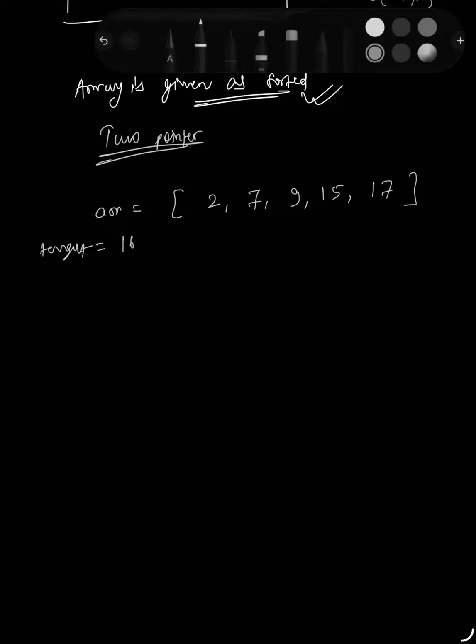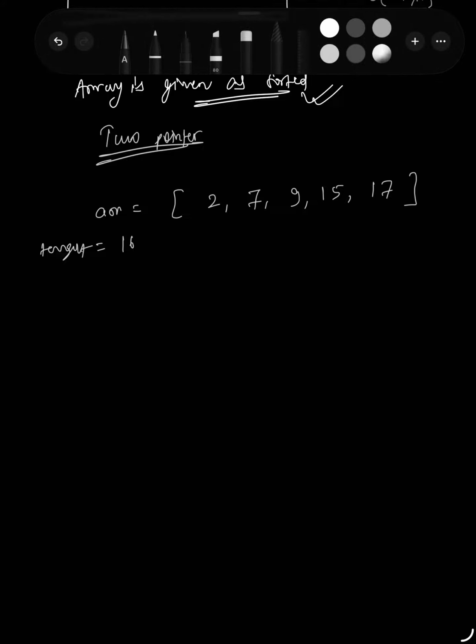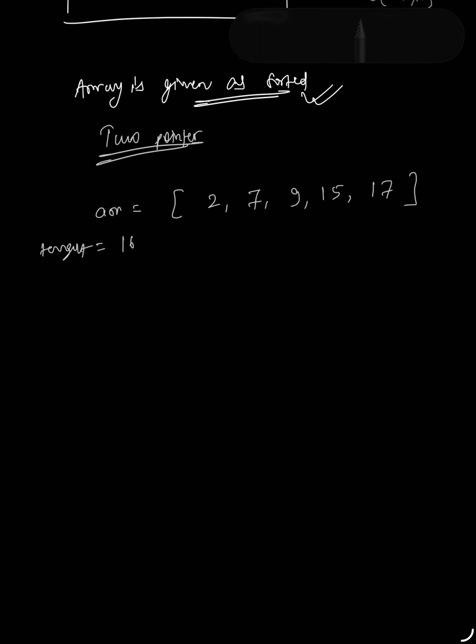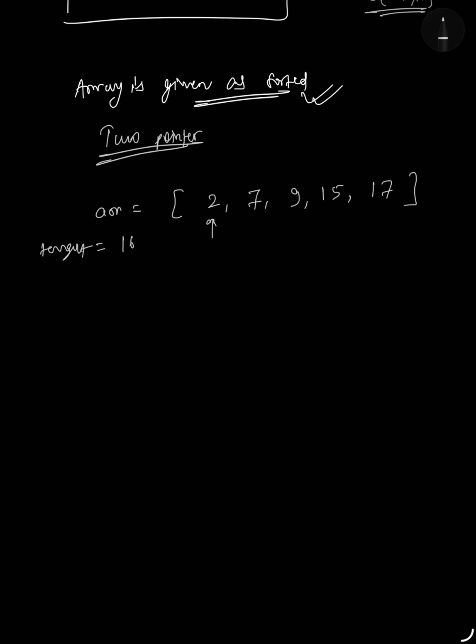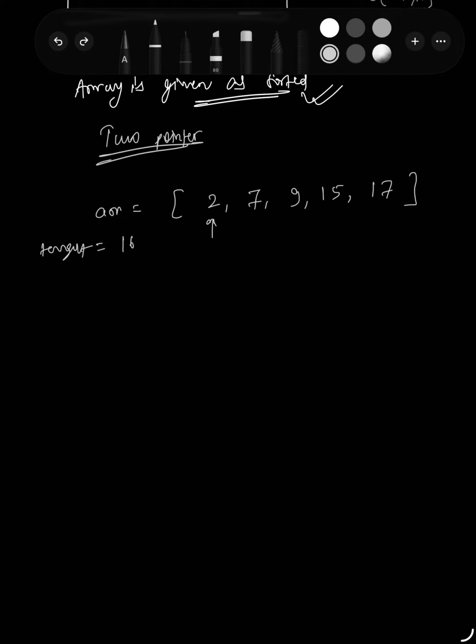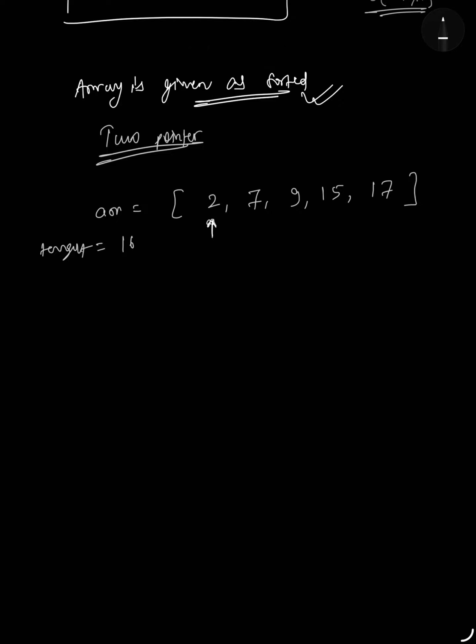So in this case, we can take two pointers, I and j. Okay, one at the start of the array and one at the end of the array. So I will be at position 0, j will be at position n minus 1.